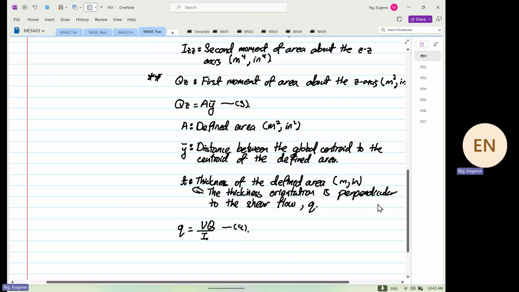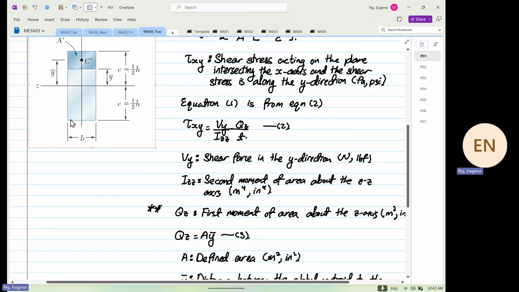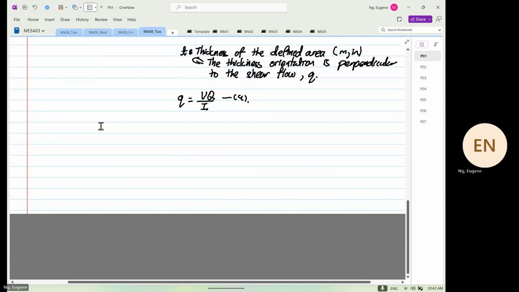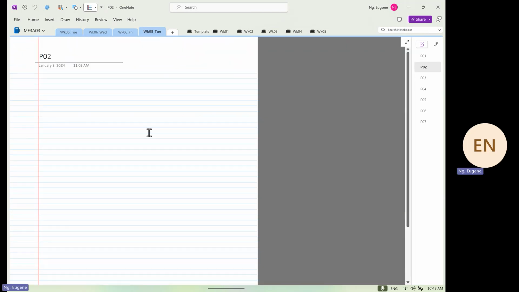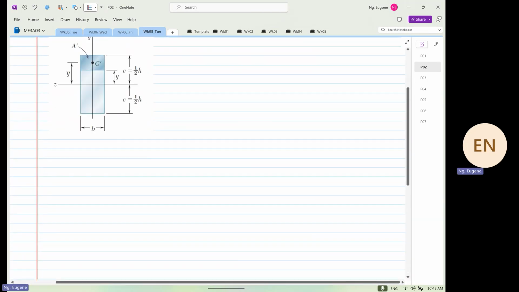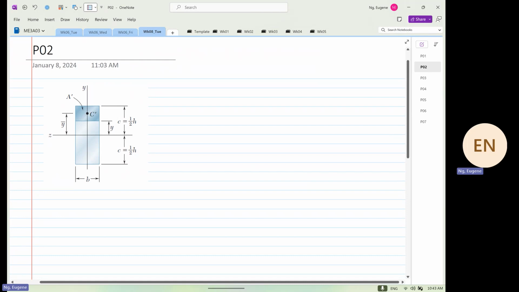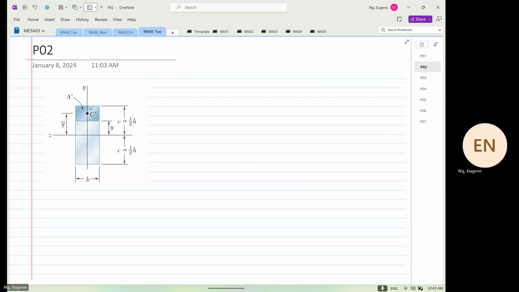let's look at the first moment of area. Let's focus on the first moment of area over here. So I'm going to take this diagram, start a new page. Now you have this diagram. What you see over here, the gray region, this is the defined area.